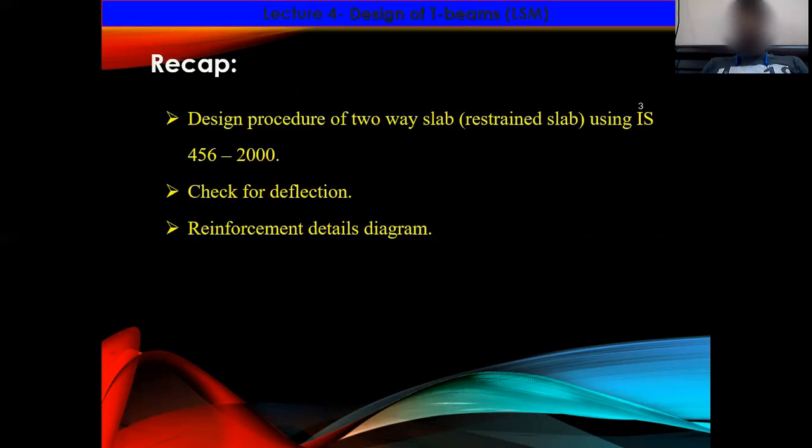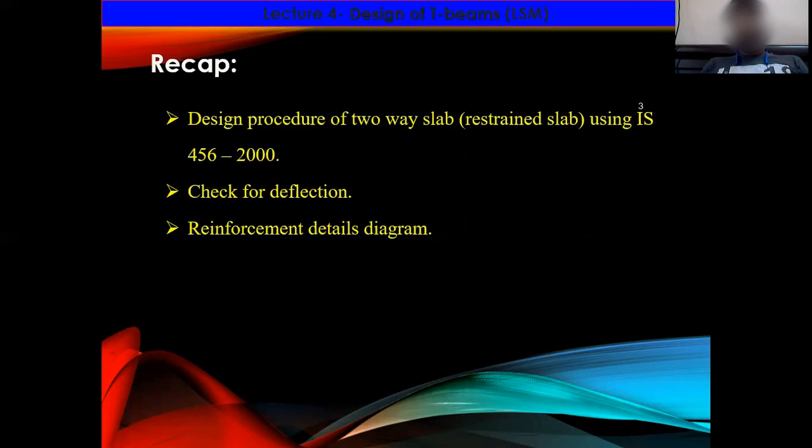Restrained means if the edges of the slab are restricted from uplift, then we can call it a restrained slab, right? So in last class we designed one example problem for a restrained slab. That means we calculated the effective depth of the slab and the overall depth of the slab.